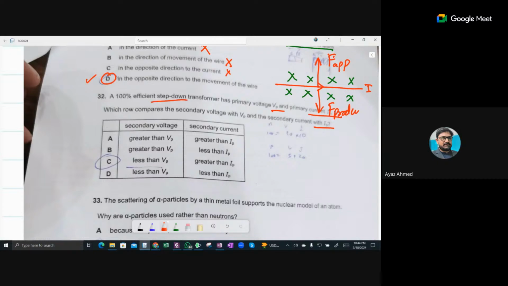So in step down, Vs should be less than Vp and Is should be greater than Ip. Remember that thing. So that is correct, because power is equal to V times I. If voltages are decreased, we have to increase the current.